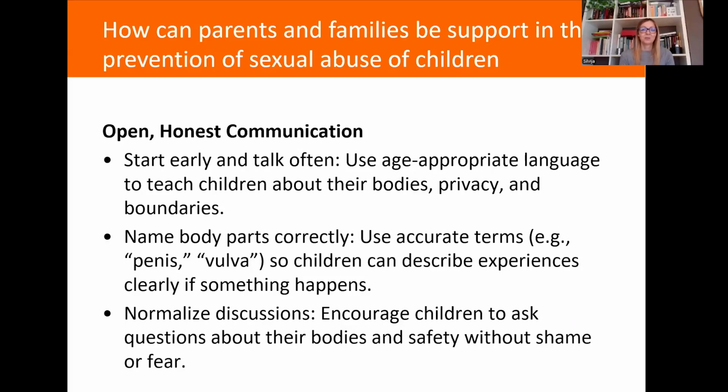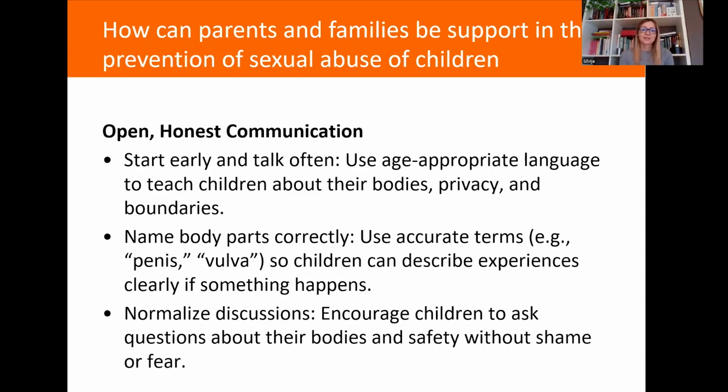It is very important to start early and to talk often. It is important to use age-appropriate language. I mentioned that we work with different ages of children, so it is important that we talk to them in age-appropriate language and teach them about their bodies, about their privacy, and especially about boundaries.